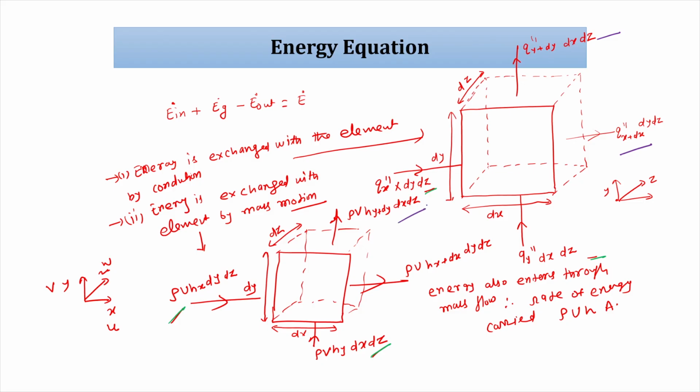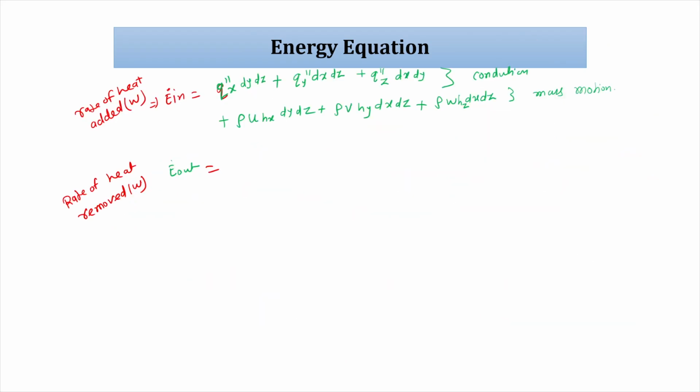Similarly, there are 4 terms for 2D and 6 terms for 3D. So, we can write q x plus dx double dash dy dz plus q y plus dy double dash dx dz plus q z plus dz double dash dx dy due to conduction.